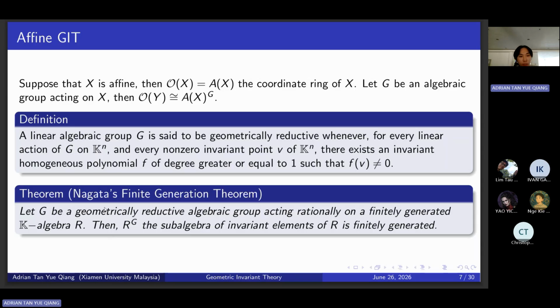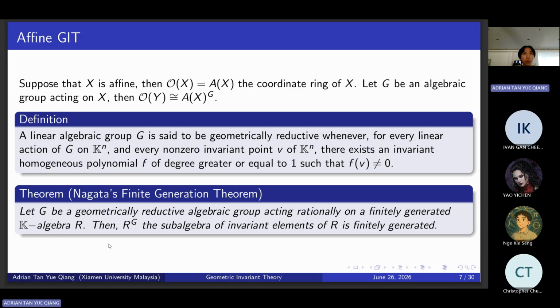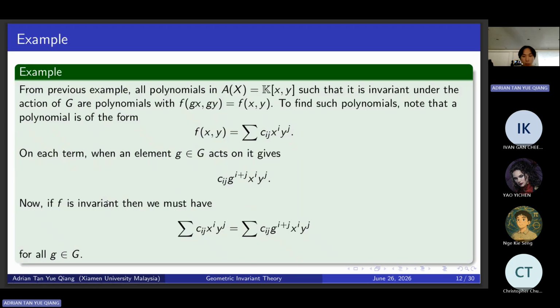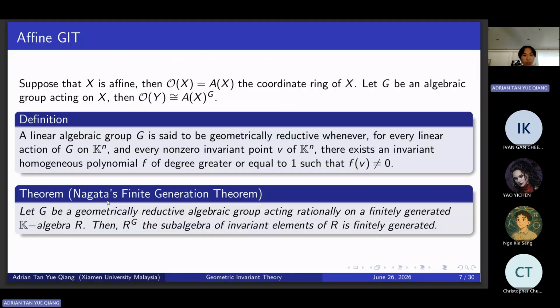It says that if G is a geometrically reductive group, and it acts rationally, meaning that if you consider any G-invariant subspace, the action of G on it is literally a linear action, totally describable by GL_n, then the subalgebra of invariant elements is also finitely generated. So we do not need to verify anymore whether or not the invariant ring is finitely generated.